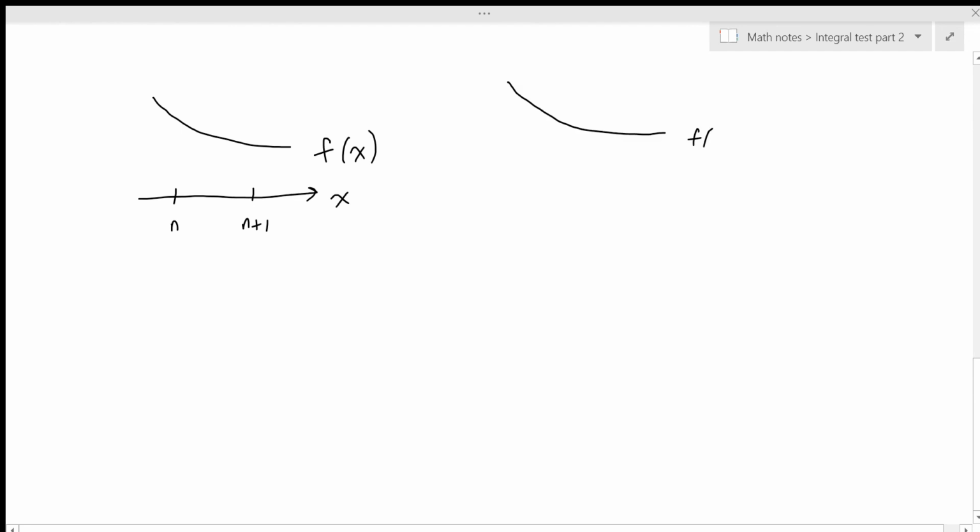So here we draw this function f of x, and we've drawn it decreasing since it's a decreasing function. And we're interested in the part of f of x between lowercase n and lowercase n plus 1. And we're going to draw the same picture twice because we're going to compare two different areas associated with this graph.